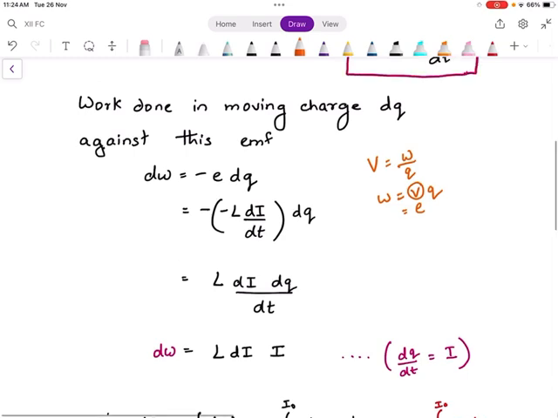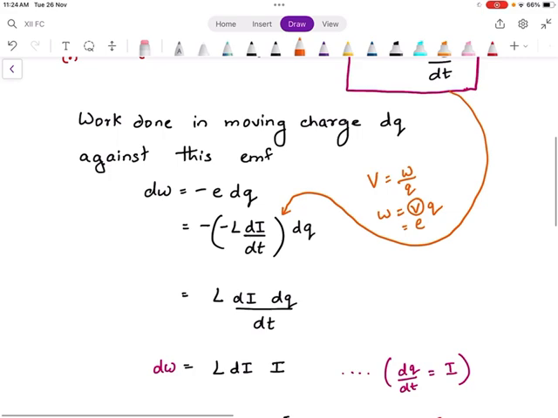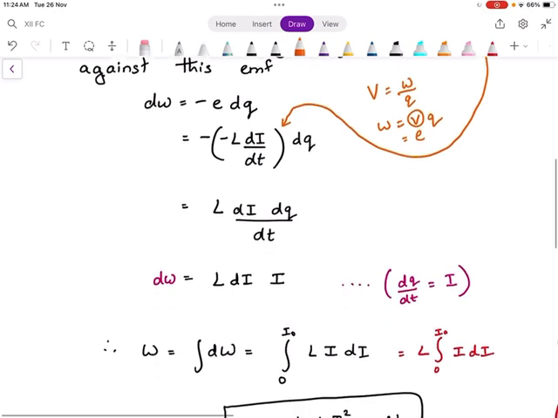And what was this E? E is equal to minus L di by dt. Rearranging the terms, I have L di dq by dt, and dq by dt is nothing but the current I.